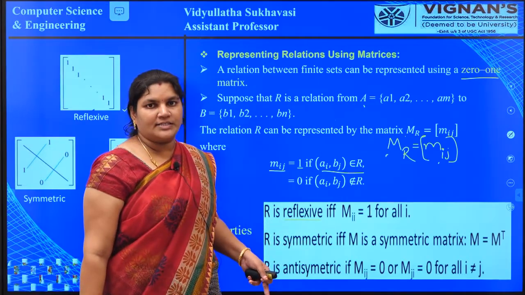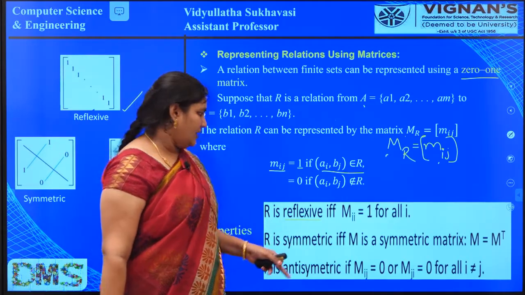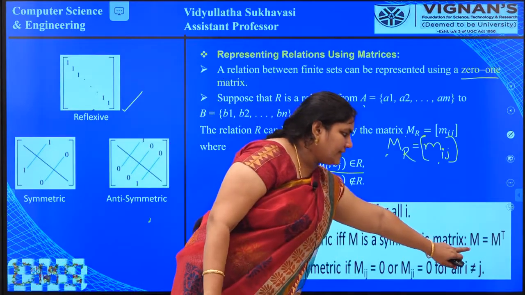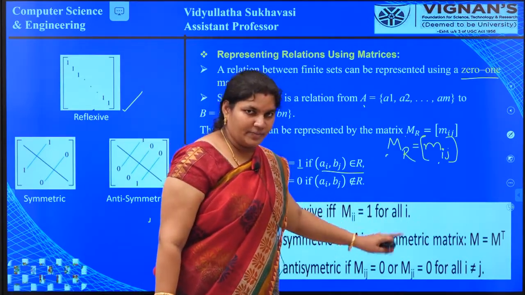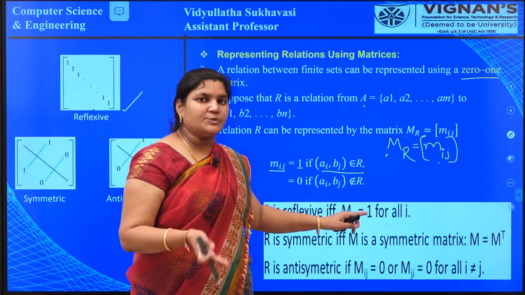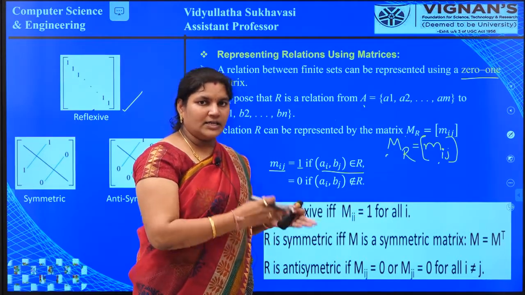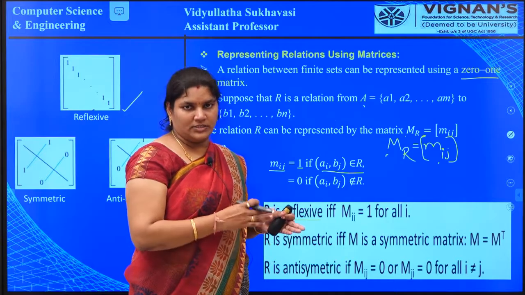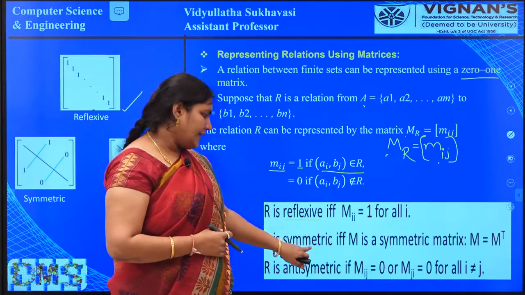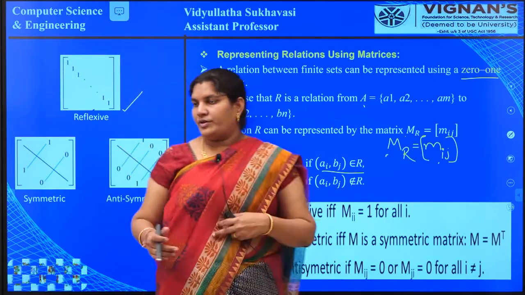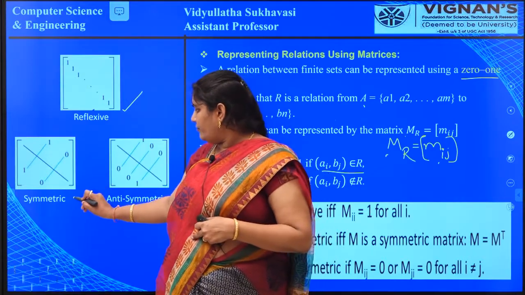The second property we are checking is the symmetric property. We can directly say that if we find the transpose of the matrix and it is the same as the matrix, then we can say that it is symmetric.